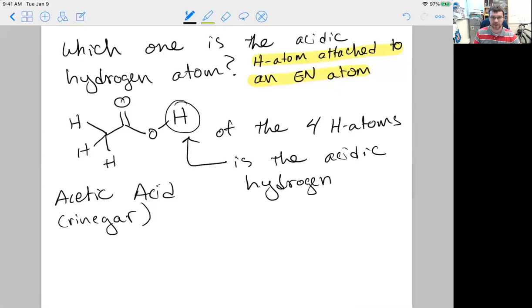But when hydrogen is attached to oxygen, there we can start to see a dipole. We would have a partial negative charge on the oxygen, a partial positive charge on the hydrogen atom, and we could even draw our dipole arrow with a plus tail towards that hydrogen atom. So when acetic acid undergoes an acid-base reaction, it's most likely to lose that hydrogen as an acidic hydrogen.